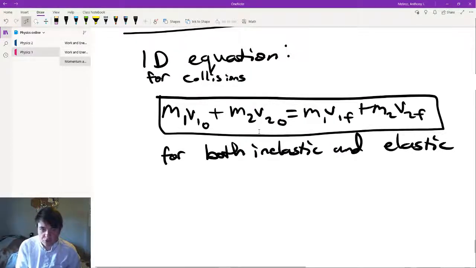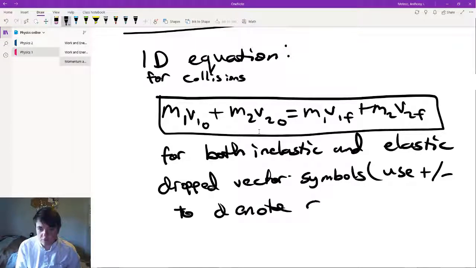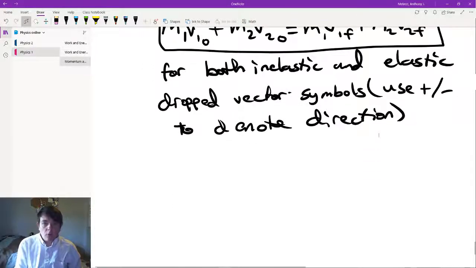Oh, this also has dropped vector symbols because you use plus minus to denote direction for 1D, right? Because you can only move in one direction. You can either move to the right or to the left. So you really only need plus minus for that.